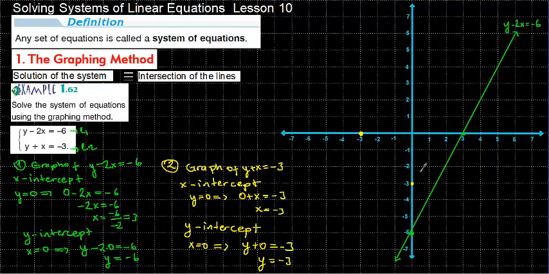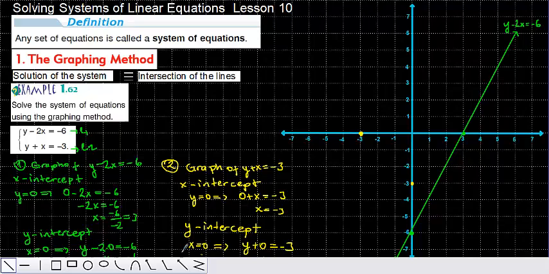Okay, now I'm going to draw the line graph here, which is passing through minus 3 and minus 3. This is the second line, and I'm going to start here. From this point, it's going to pass through, and it's going to continue like this.